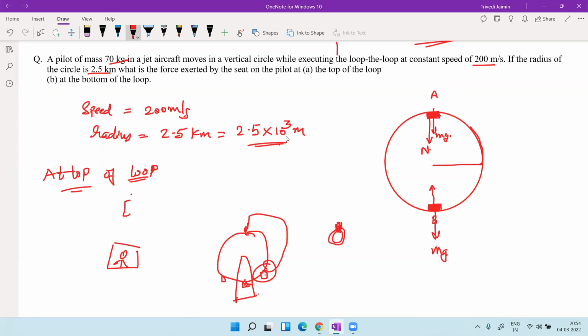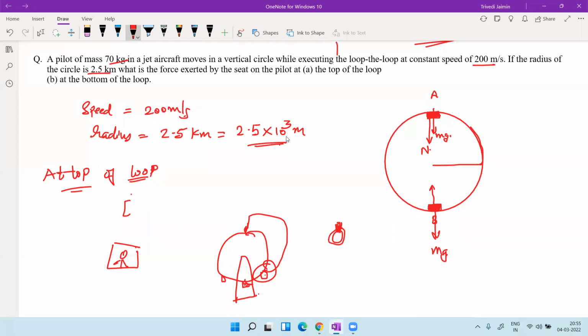Now, when this point B reached point A, when the object from here reached point A, what will be your position? Which direction will you be facing? Upward or downward or left or right? Are you able to understand what I'm trying to say?